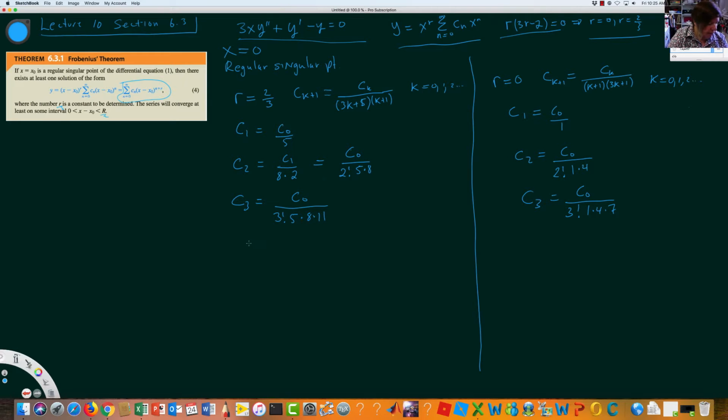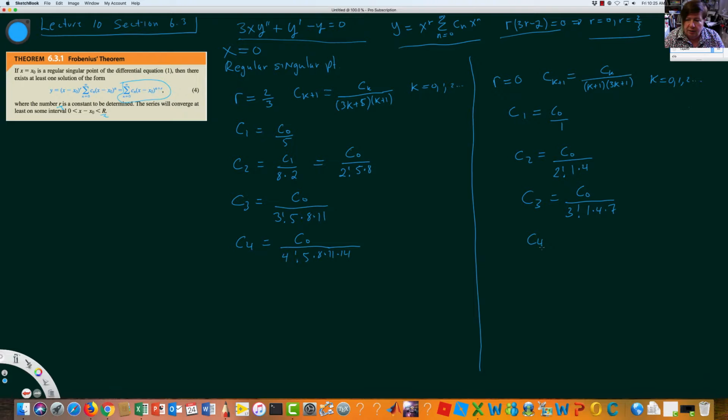Okay, and over here, c4 is c0. Again, I'm skipping, because obviously it would be written in terms of c3, but c3 has c0 in it. So this is 4 factorial times 5 times 8 times 11 times 14.